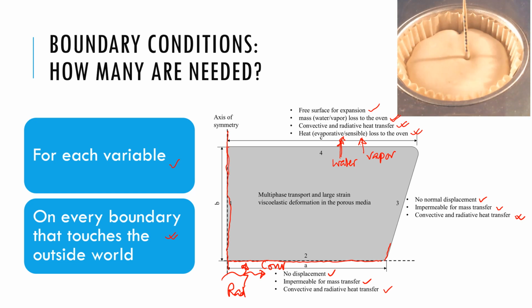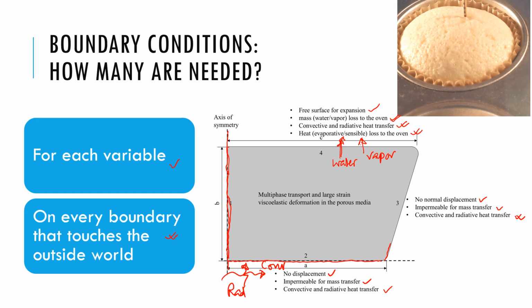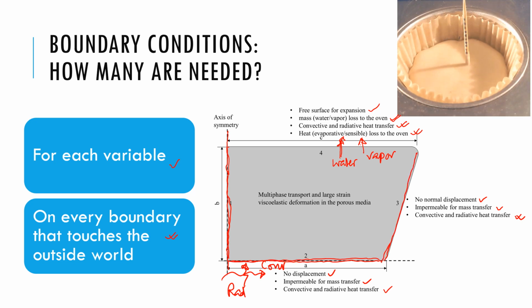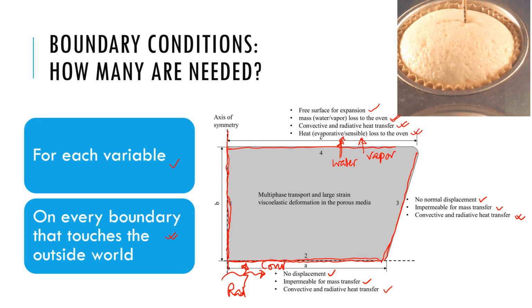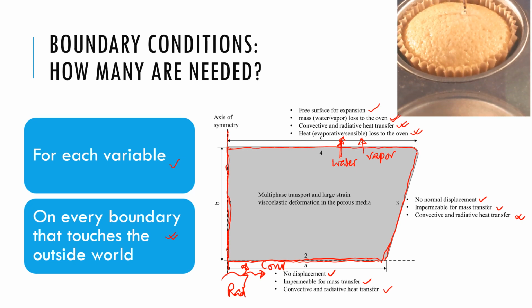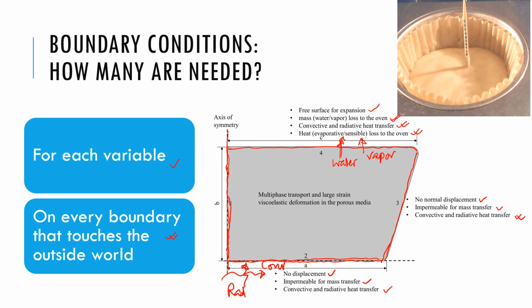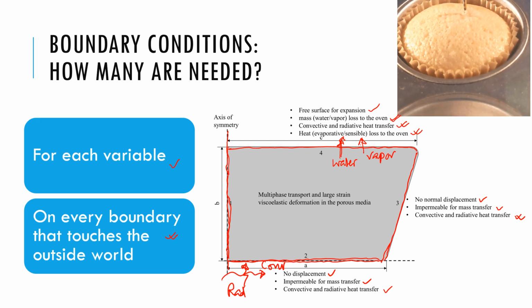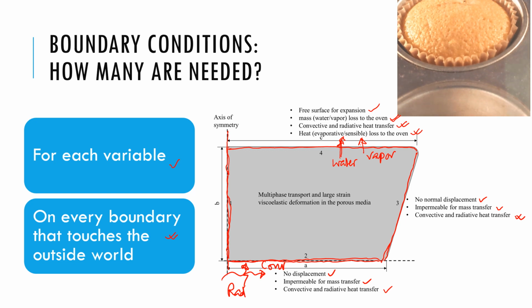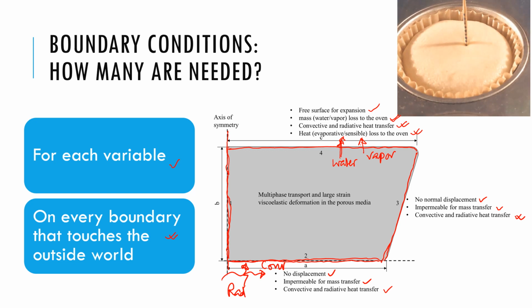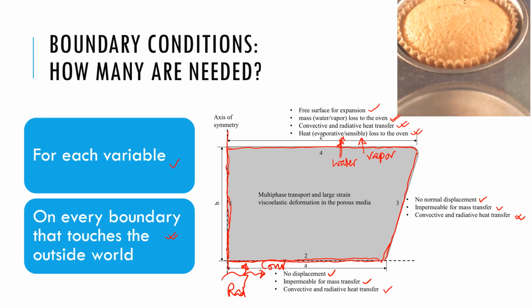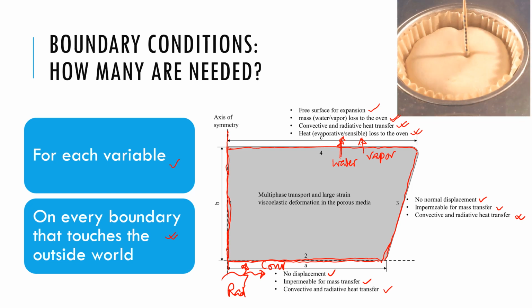So we have 1, 2, 3, 4 boundaries that touch the outside world, and we need conditions on all 4 for each of the variables I am solving for. So again, detailed boundary conditions are discussed elsewhere. So these conditions can get complex.